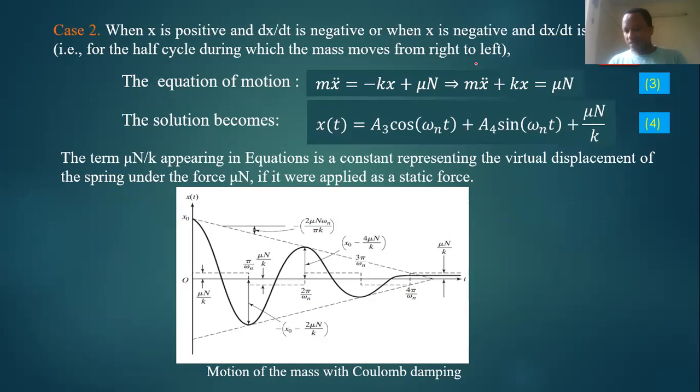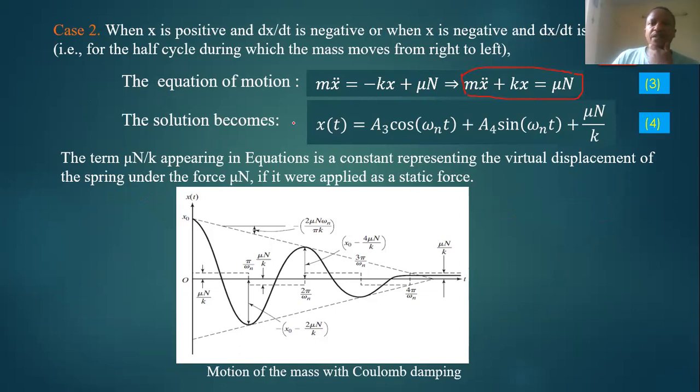The motion is from right to left, but the mass is still on the right side. For that case, the equation of motion becomes this. Previously it was negative, but now it is positive. So what we can get is this equation.